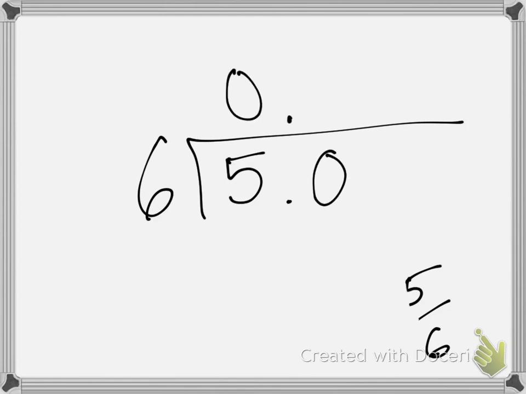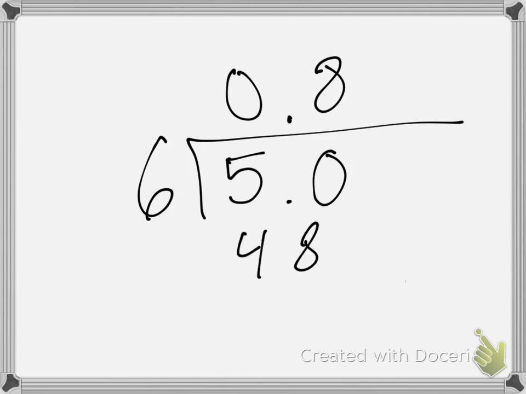How many times does 6 go into 50? Ani? 8 times. And what is that? 48. Dominic? 48. Excellent. What is 50 minus 48, Shiley? Kyle. 2.